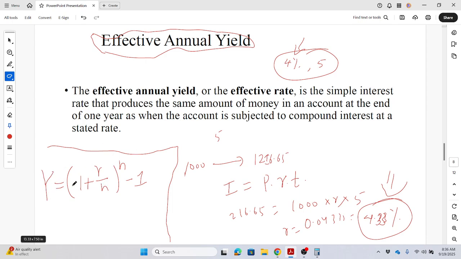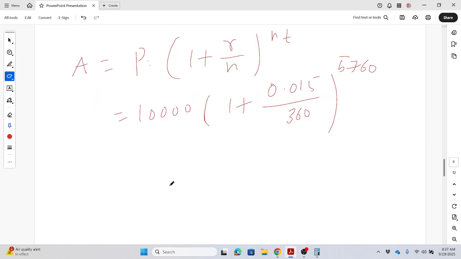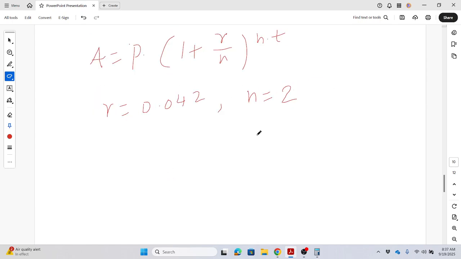Effective annual rate is equal to (1 plus interest rate over n) to the power n, minus 1. So we're going to use that here. In this case, r is 0.042, n is 2.